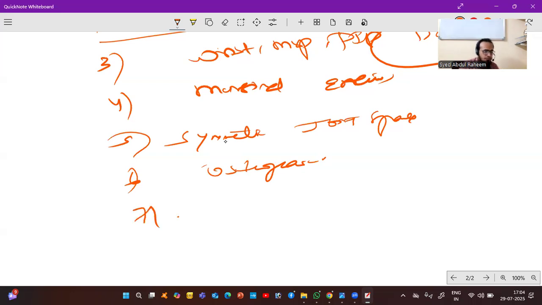Next, it starts with small joints, with bone erosion like this. Gradually, large joints are involved. This is very important.